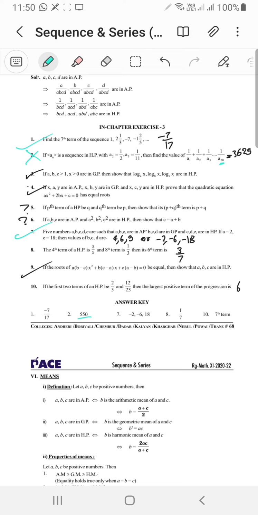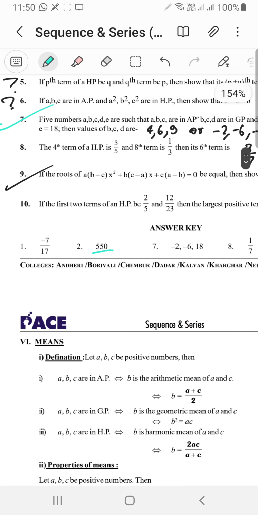Eighth, 1 upon 7. Okay, calm down. Fourth term and eighth term of HP are given like this. Just 5 by 3 plus 3 upon 2, which is 9 plus 5 is 14. 14 upon 2 is 7. 7 by 3.